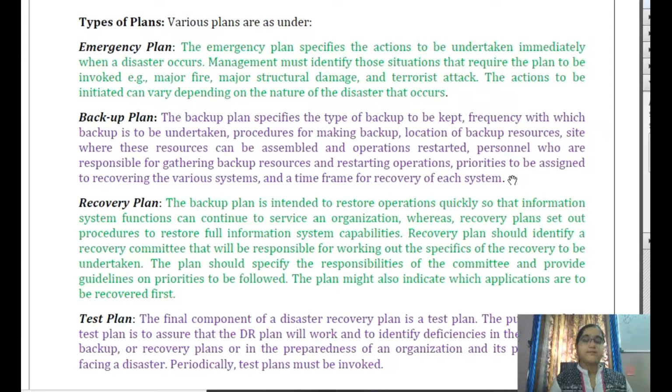What is the emergency plan? As the name specifies, it specifies the actions to be taken immediately on the occurrence of a disaster. So the initial things to be done as and when the disaster occurs are specified in this plan.